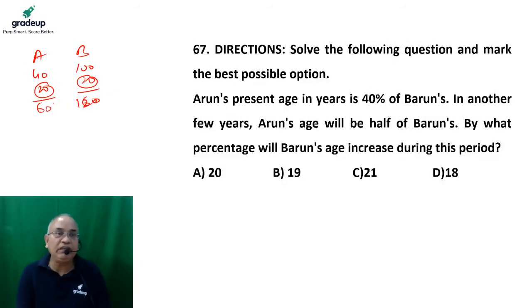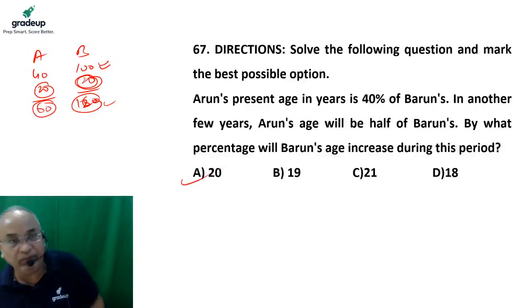Now the age of this person is half that of the other. The question is, by what percent will Varun's age increase during this period? Varun's age was 100, now it is 120, an increase of 20. So 20 is what percent of 100? It is 20%. Very, very easy question.